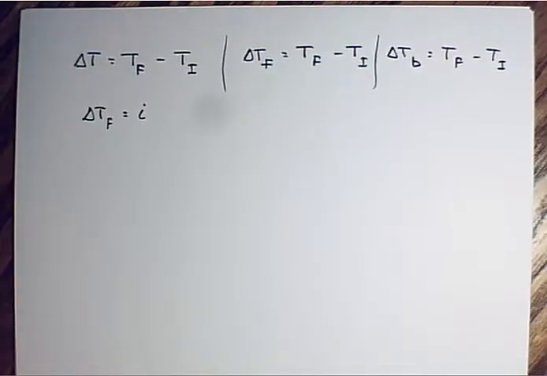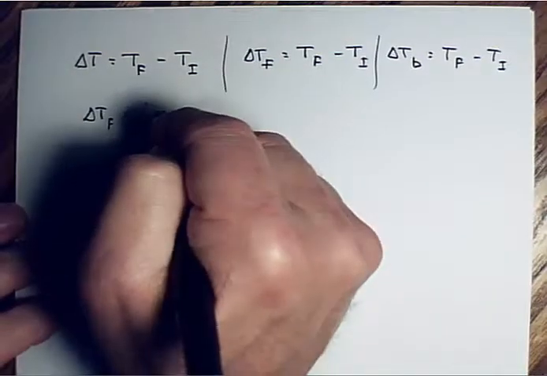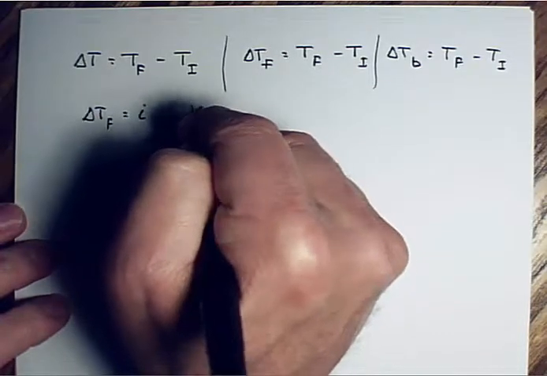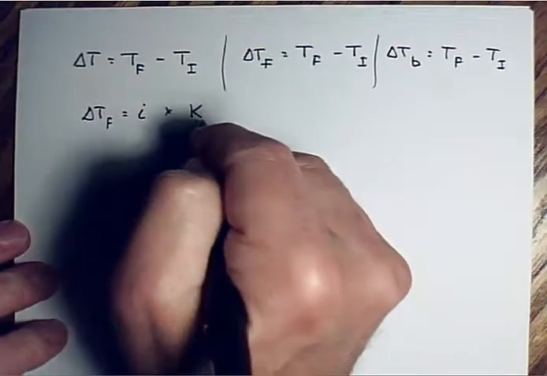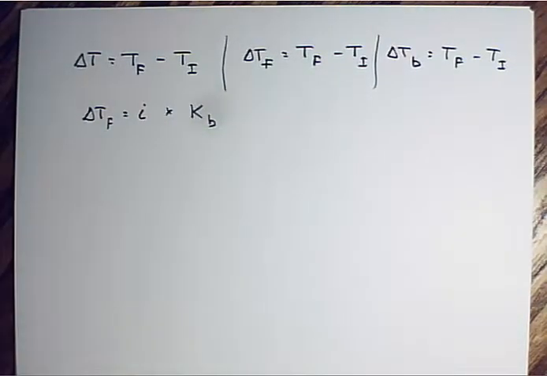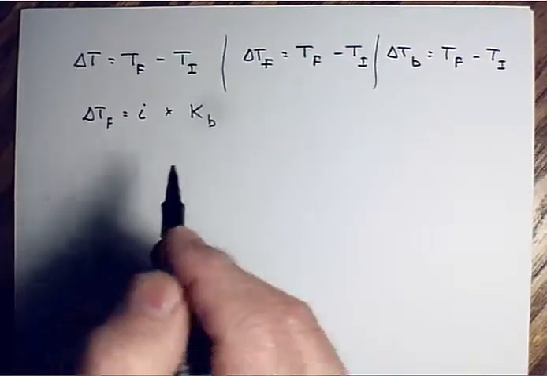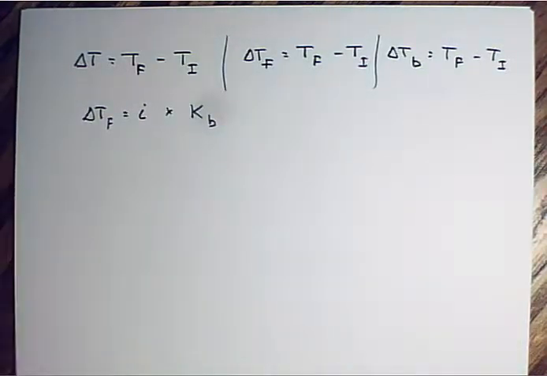We have i. In chemistry, i stands for something called the van't Hoff factor. I'll talk about that in a minute. Times a constant that, by and large, we look up. We could calculate a constant, but there's a lot of constants already calculated for us. And in fact, you've got one of these on your test references. I'll show you in a minute. So, I'm sorry, this should be F because I'm talking about freezing, not boiling.